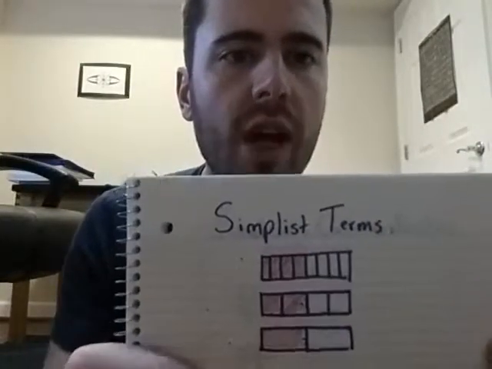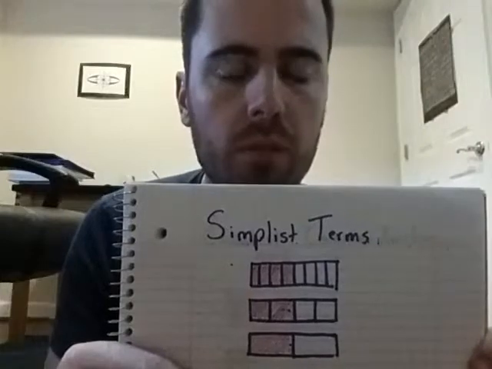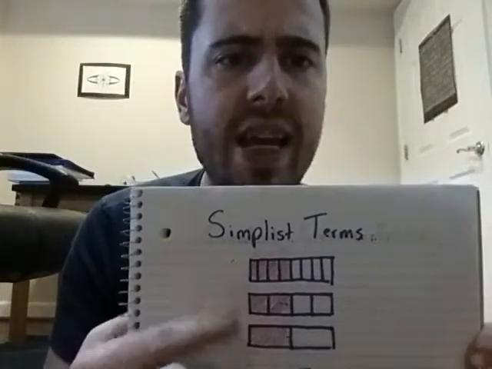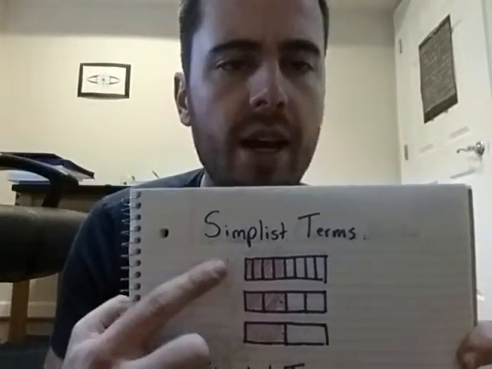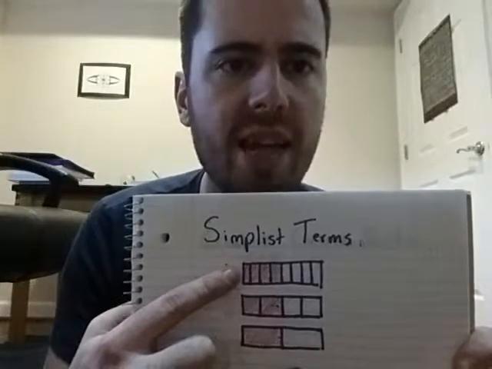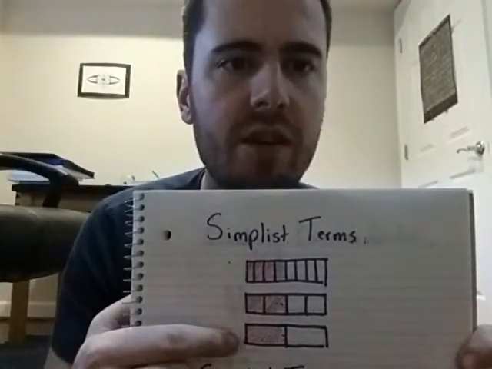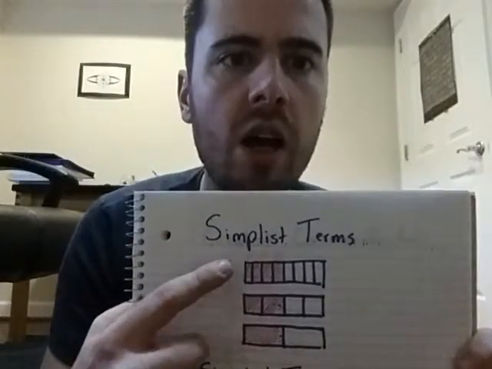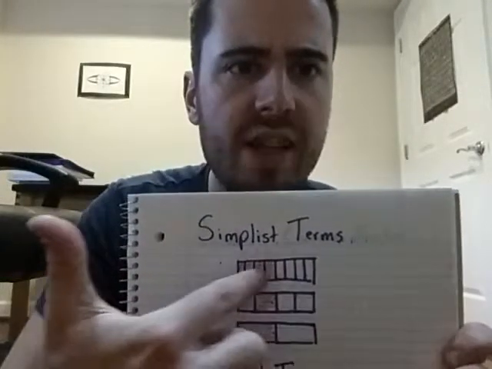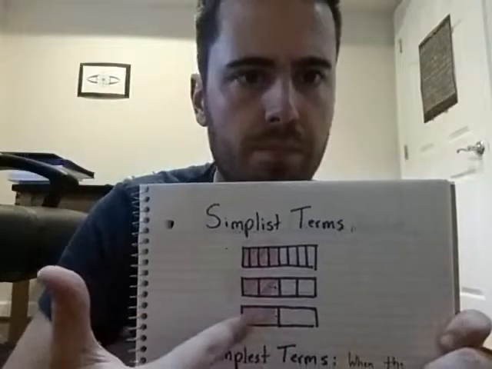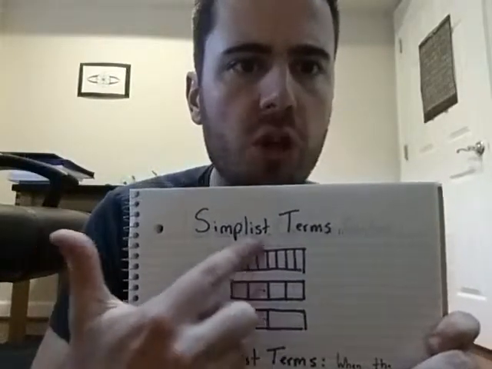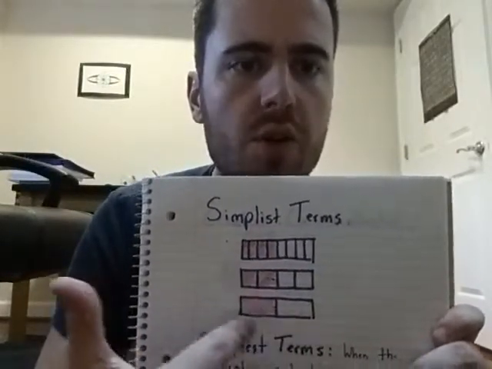So I'm going to teach you how to do this, or for some of you, go over again how to do this. What I've done here is I've drawn three equivalent fractions. Up here, this is 4/8. Down here, this is 2/4. And down here, this is 1/2. You can see that our whole size is the same, and our shaded portion is also the same.